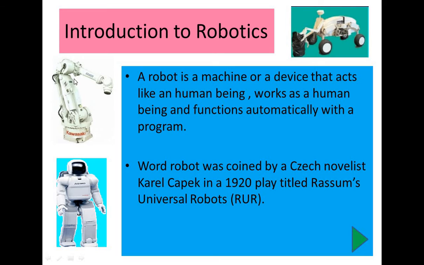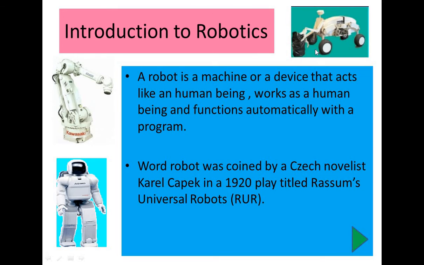Now if you see the second example, it doesn't look like a human being, but it can work like a human being, like an arm. It's like an arm which can move. So this also works like a human being, acts like a human being, and can work automatically.